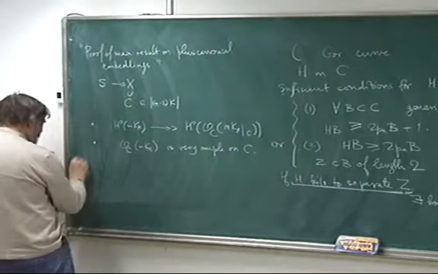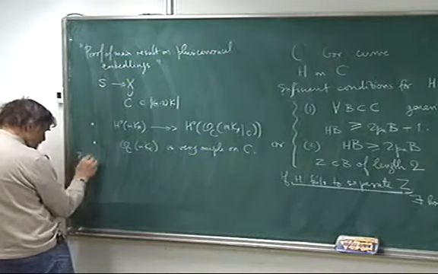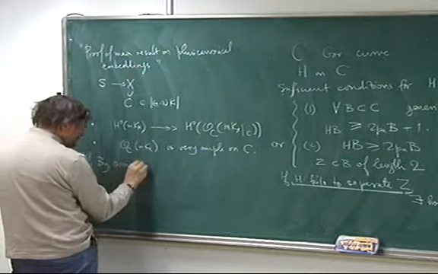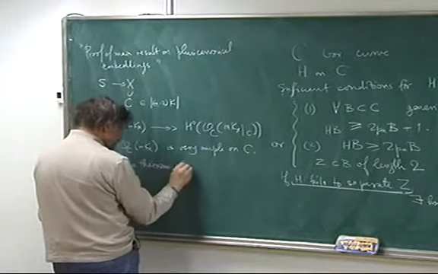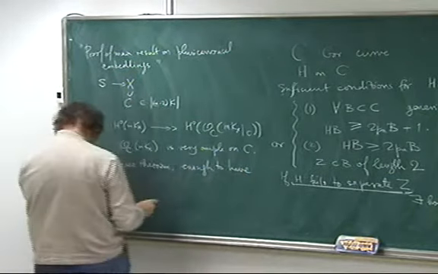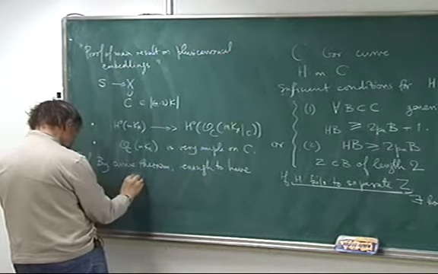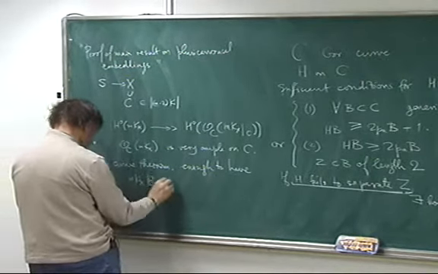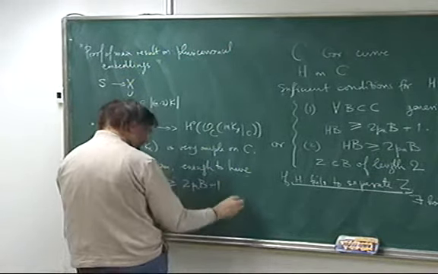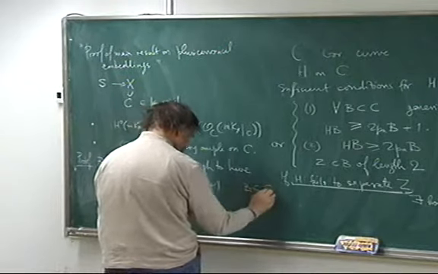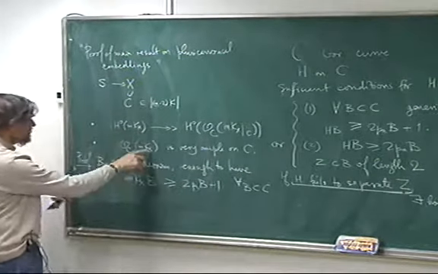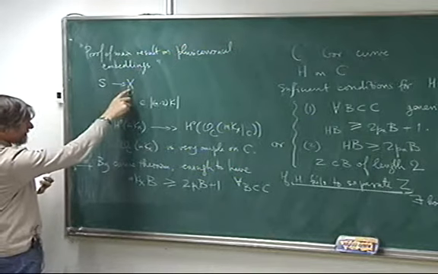By the curve theorem, so I'm giving a description of the proof here, it's enough to have MKX.B greater than or equal to 2pa(B) plus 1 for B in C. Of course you notice in this case the X is possibly a little bit singular.